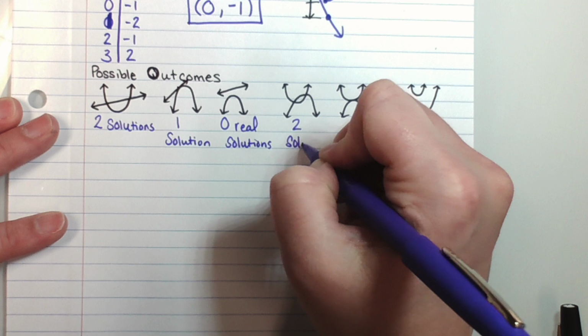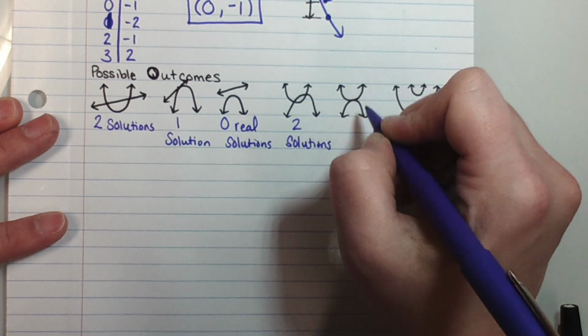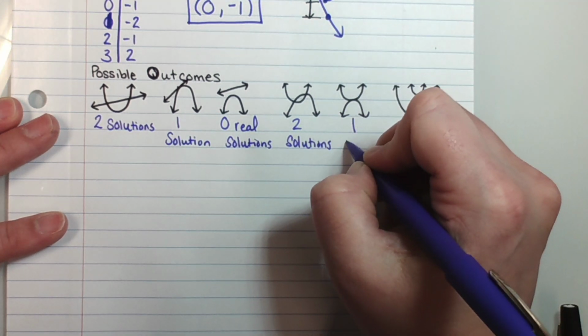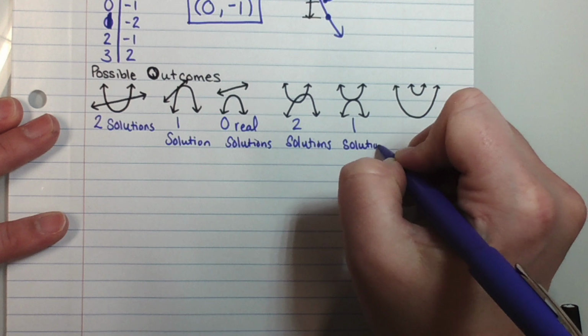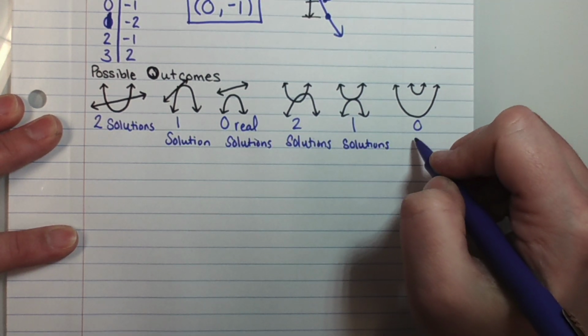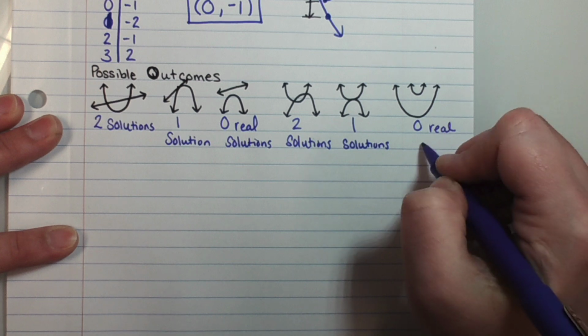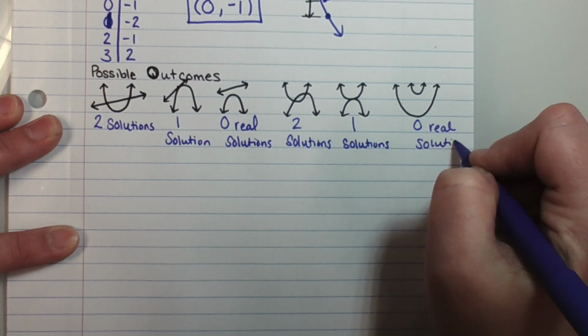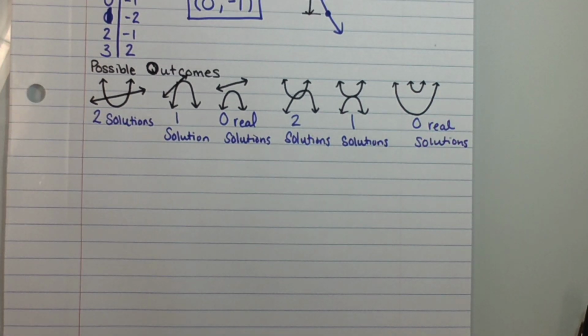So, when solving a system of nonlinear equations, you could have 0, 1, or 2 real solutions. So that's something to keep an eye on.